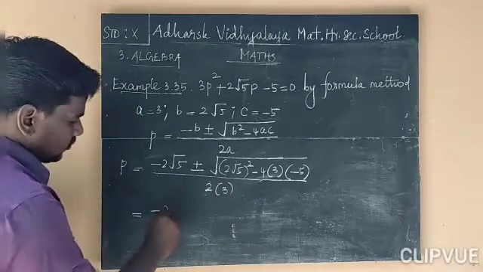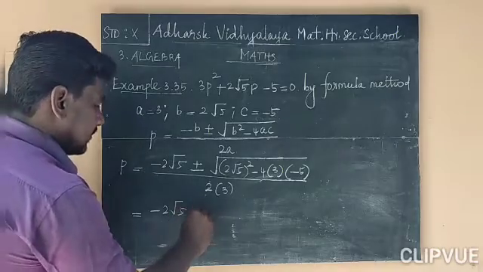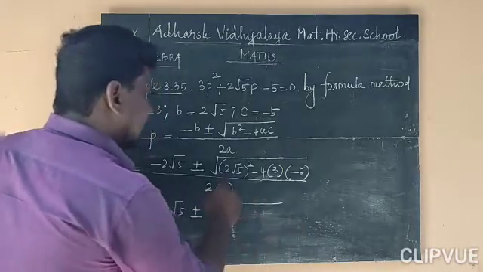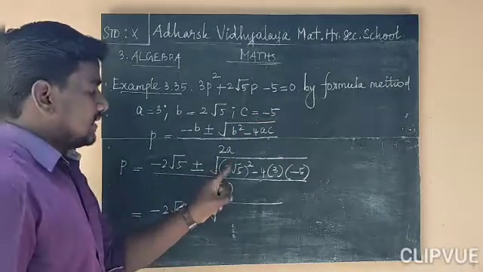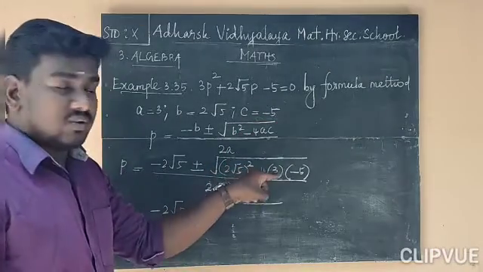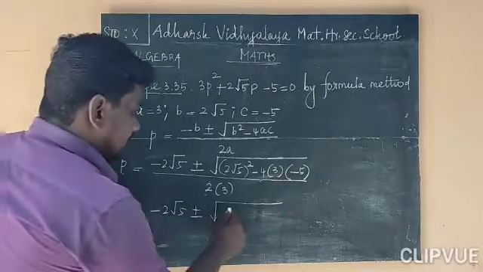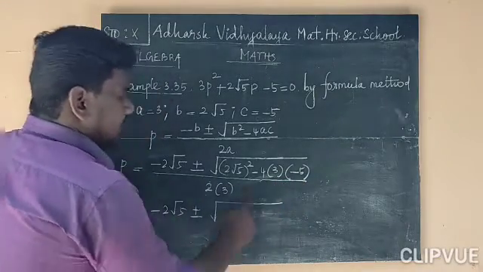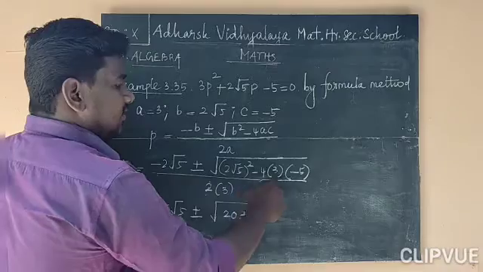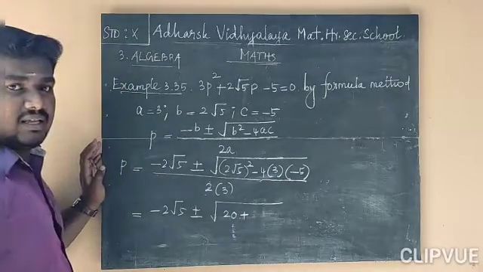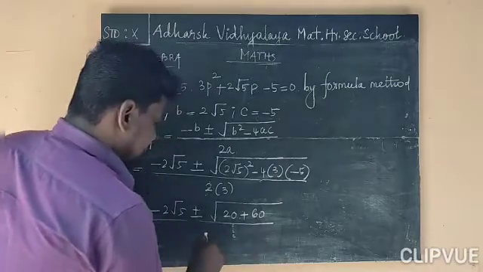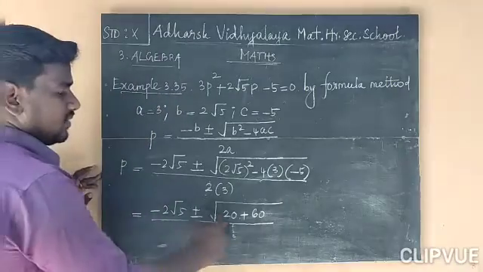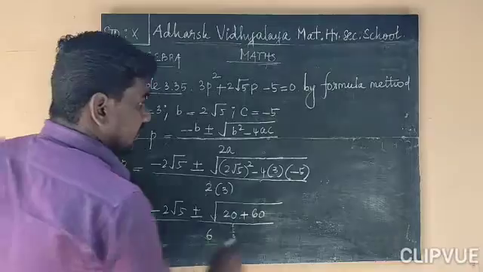So minus 2 root 5 plus or minus root of 2 square value 4, root 5 square value 5. 4 into 5 20, minus into minus plus, 4 into 5 20, 20 into 3 60, 60 divided by 6. Okay, square root of 60 divided by 6.